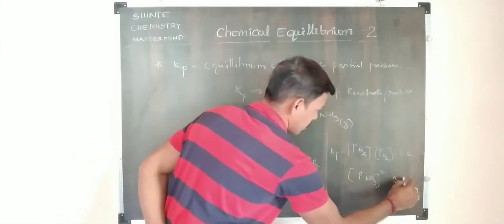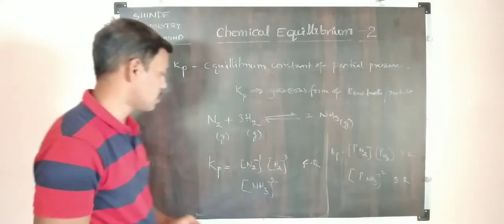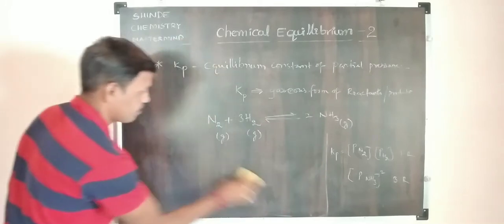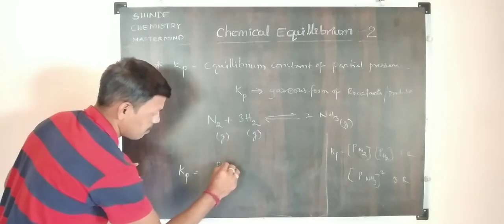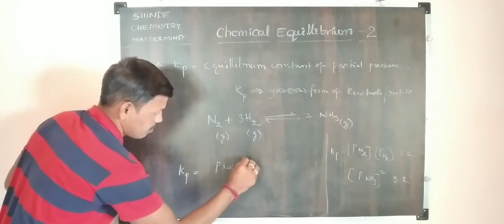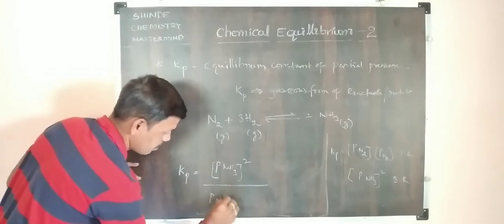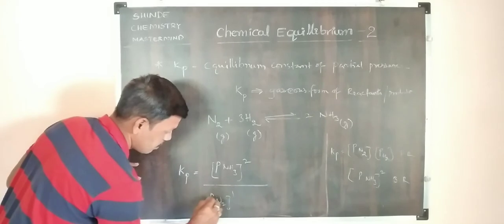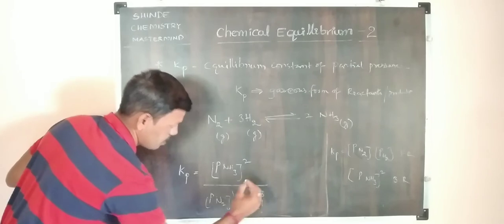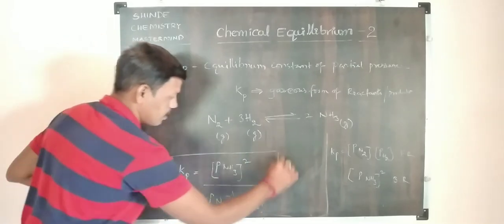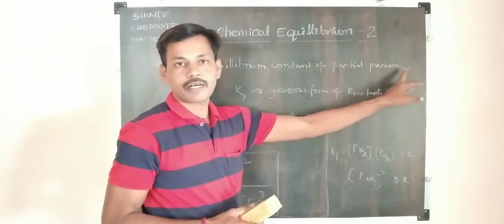This one is the backward reaction. So if you write the mathematical derivation of Kp, we generally write it like this: Kp is equal to partial pressure of ammonia squared, over partial pressure of nitrogen to the power 1 and partial pressure of hydrogen to the power 3.